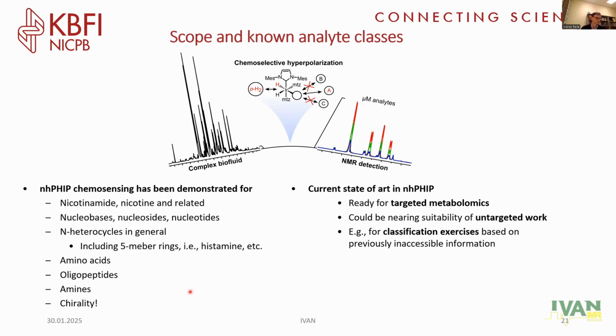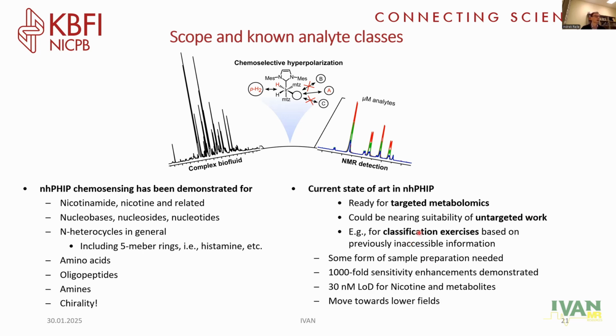So all in all, I claim that we are ready for targeted metabolomics, as shown by the nicotinic sample, because it's really tolerant of large matrix differences. We could be ready for untargeted or classification exercises. And there are reasonably good demonstrated sensitivity gains and limits of detection.